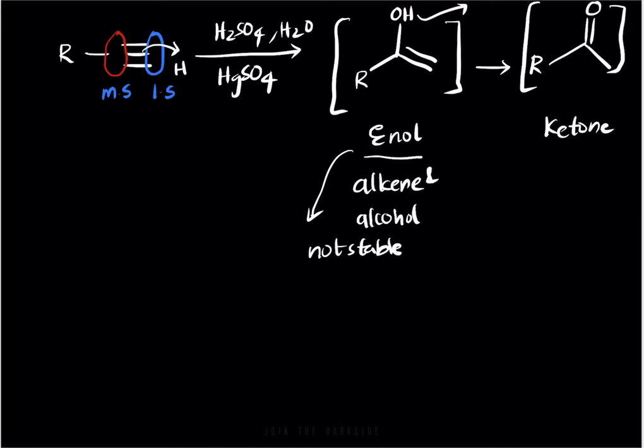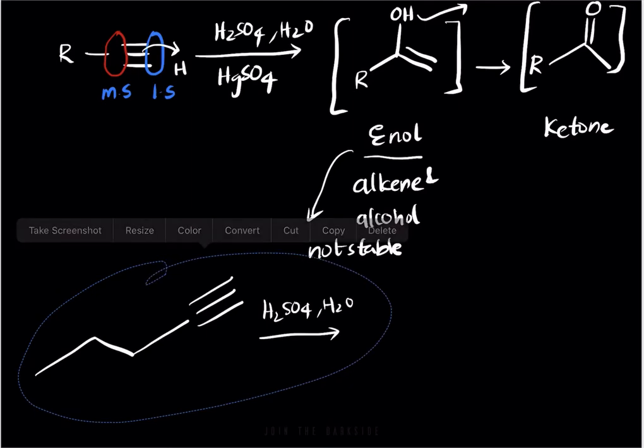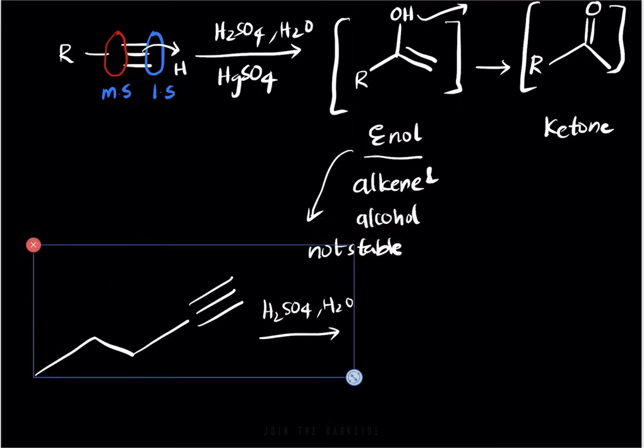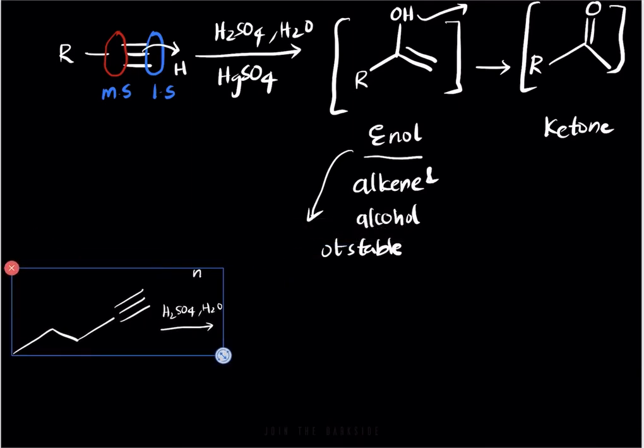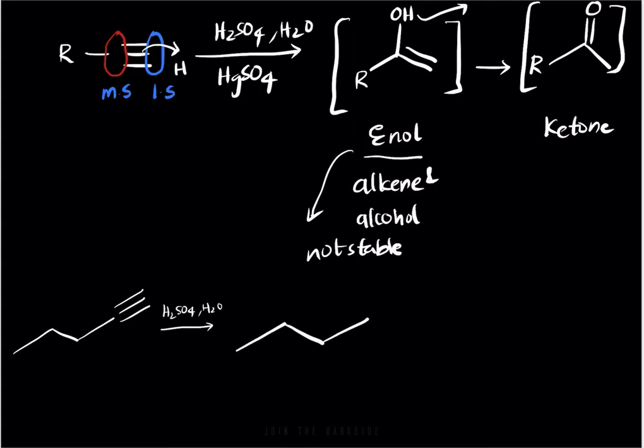So for example, let's say I take a simple alkyne with H2SO4 and H2O. If you consider this compound, the product that you get initially is, you have 2 carbons.